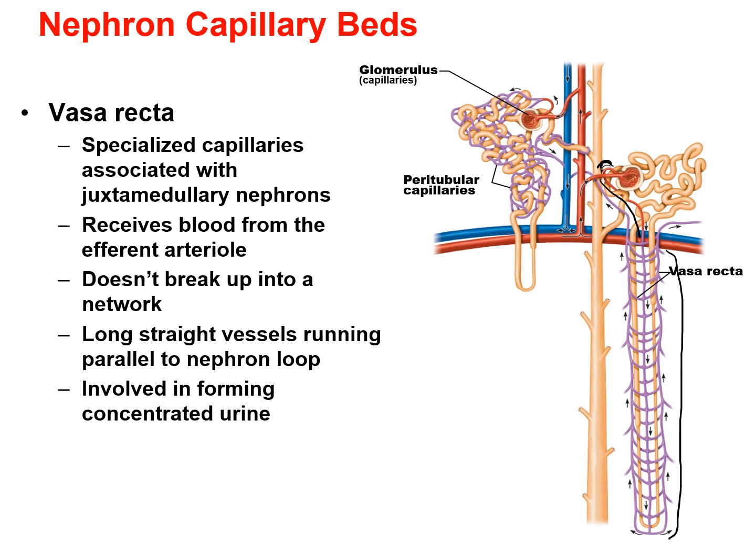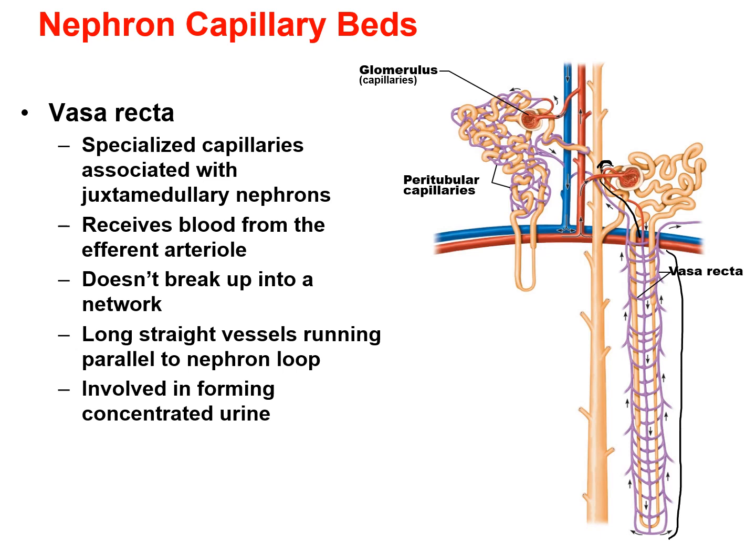But when you look at the efferent arteriole draining the glomerulus associated with the juxtamedullary nephron, you don't have that arteriole breaking down into that kind of complex network that you saw with the peritubular capillaries in your cortical nephrons. So the vasa recta is formed by these very long, straight vessels that run parallel to your nephron loop.